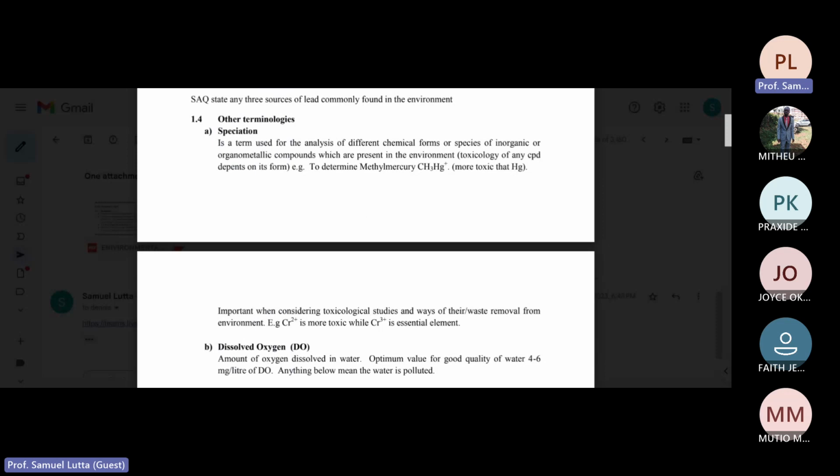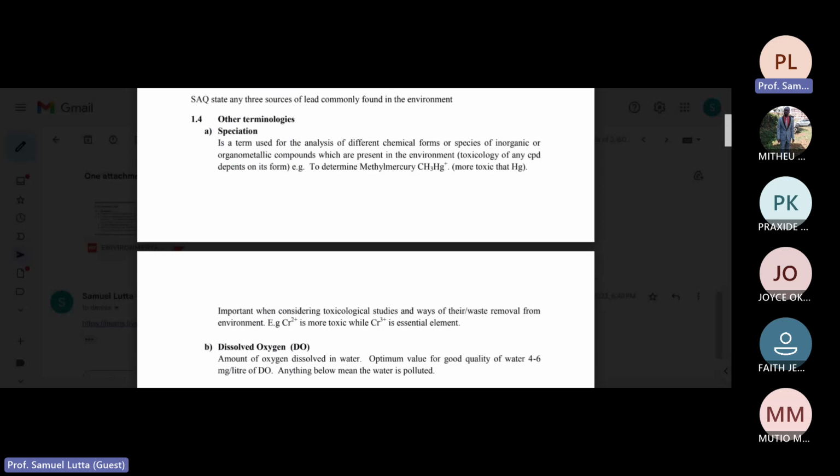You can have lead in form of maybe Pb(OH)4 negative, a complex of lead, where you have the lead hydroxide plus 2 hydroxides to form the complex. So it takes different forms.